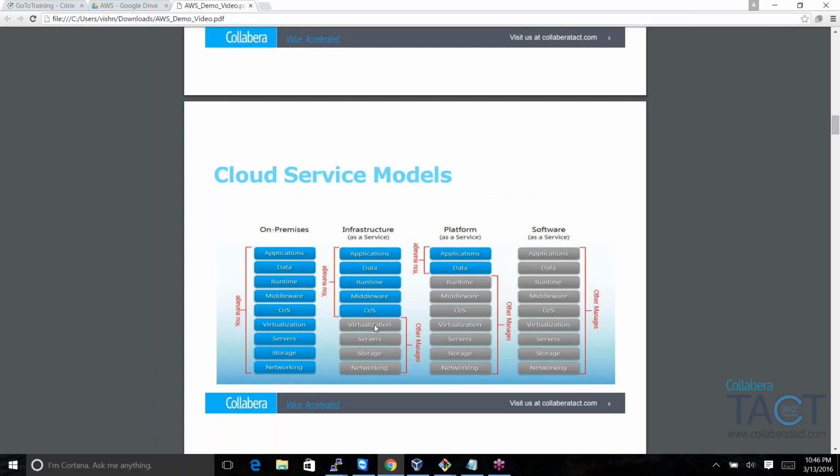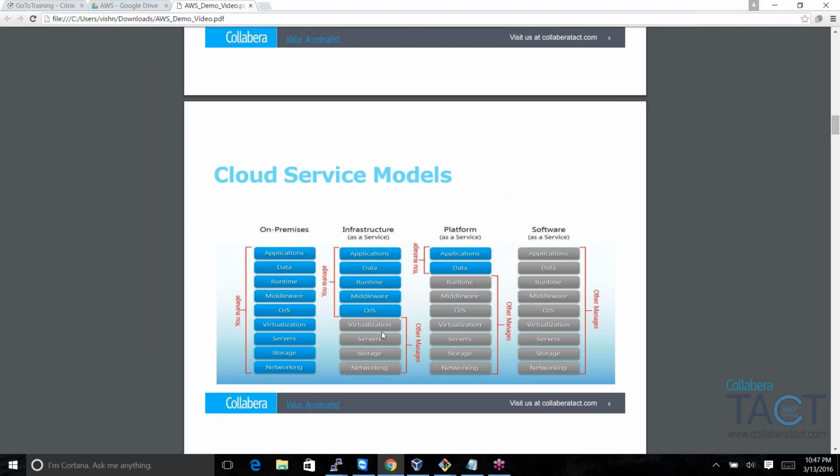For example, if I have an application that I'm running on premise, I'm the customer and I'm running an application on premise. I have set up the servers, I have configured the storage, servers, virtualization, network, all the layers that go into making an application, everything that I have done. This is something like an on-premise model. But I have another model.